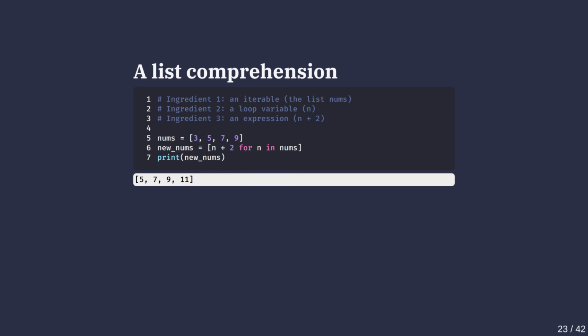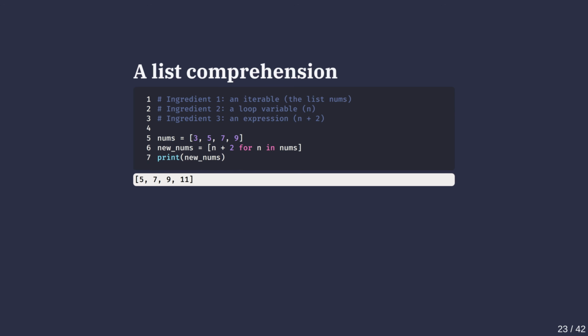This is where list comprehensions shine. Let's look at this example to understand list comprehension. Inside square brackets, we first write the expression we want to create. Here, n + 2 for n in nums directly gives us the transformed list. Let's break down this expression.